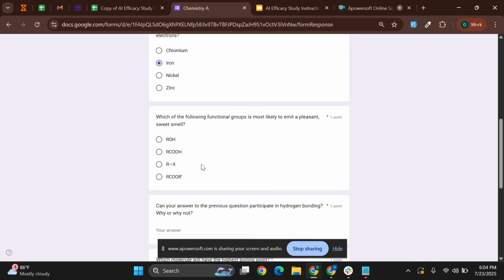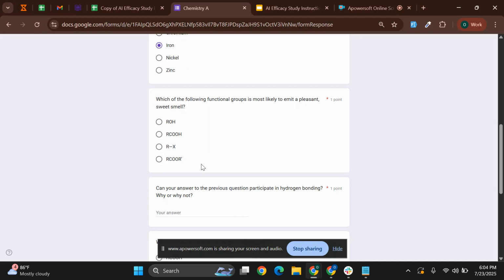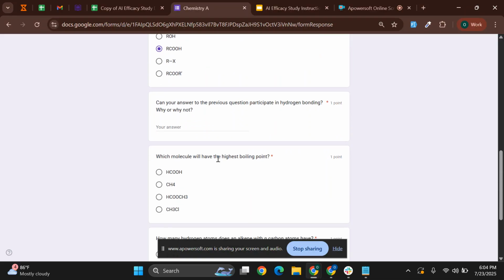Iron. Okay, let's start. Which of the following functional groups is most likely to emit a pleasant sweet smell? I think it will be... Can you answer the previous question? Participate in hydrogen bonding. Why or why not?